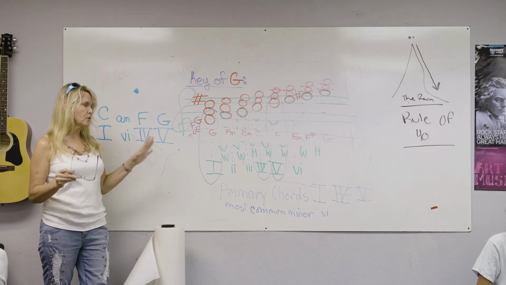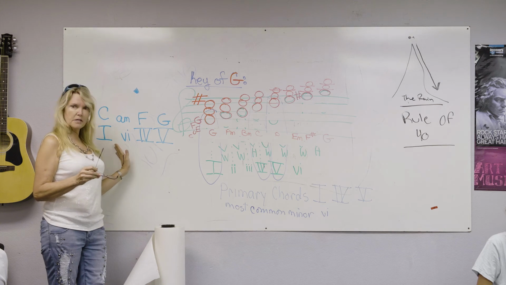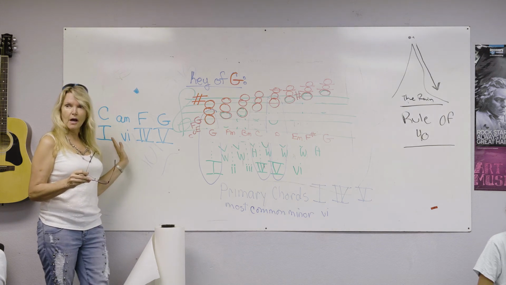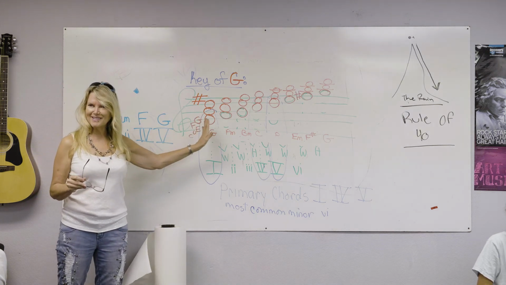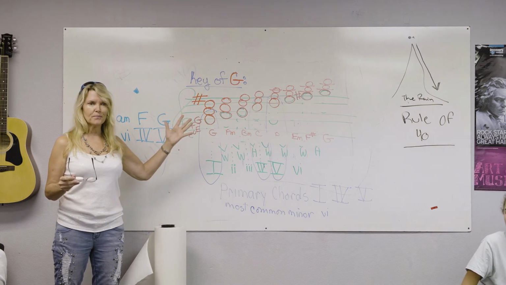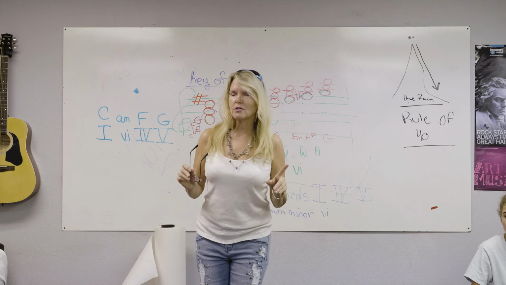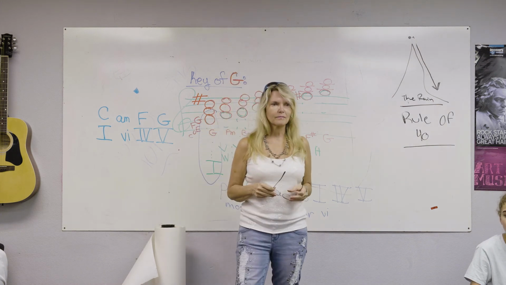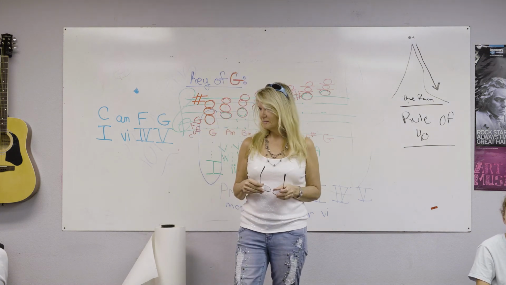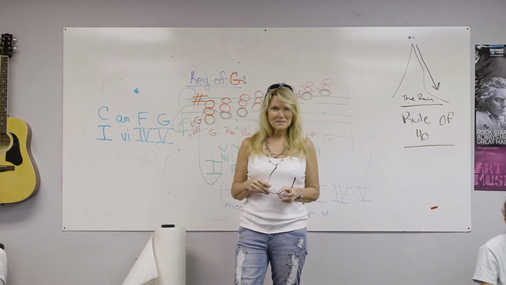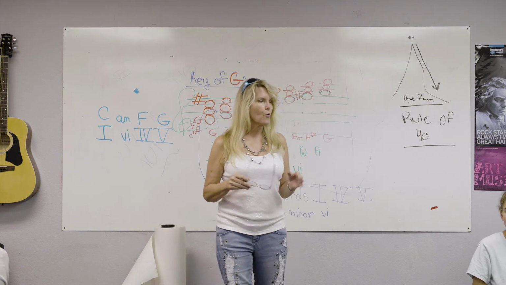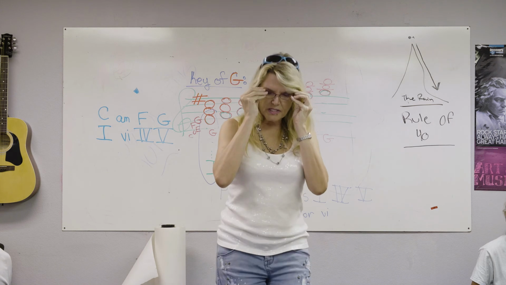If a girl's song is in the key of G, then guys would probably need to put it in the key of C. It works vice versa. It goes back and forth. All right, any questions so far? No? Very good. So those are the keys, C and G.